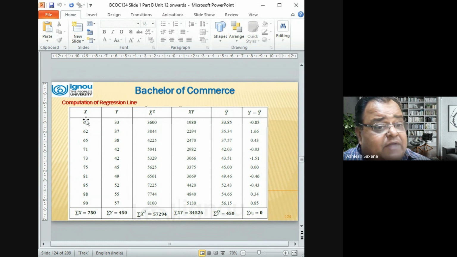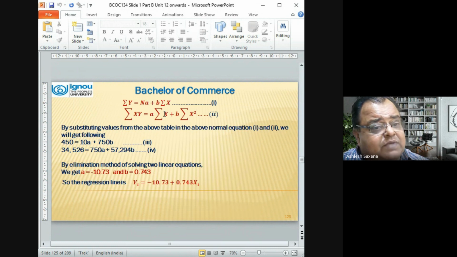Remember one thing, we have to sum up summation x, summation y, summation x square, summation xy. Now, after doing this, we will be forming these two equations.